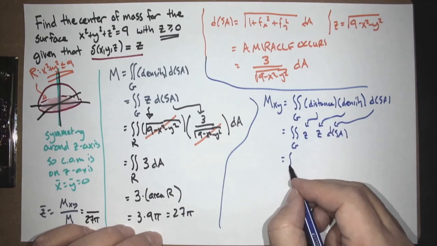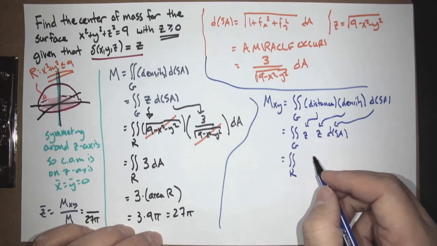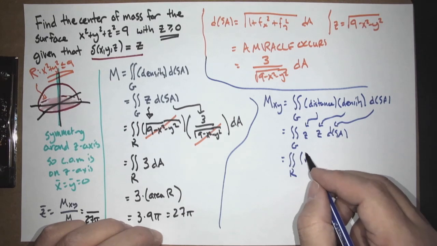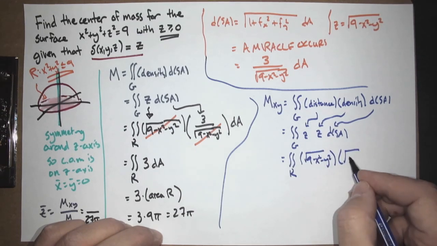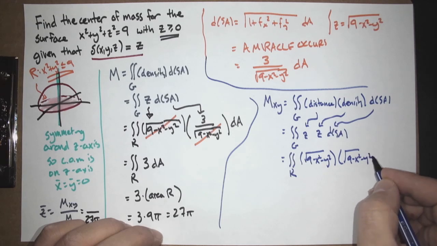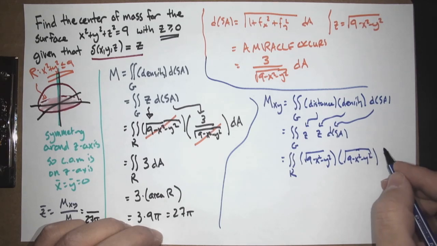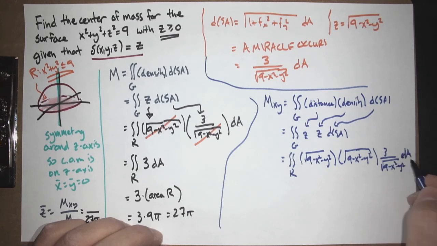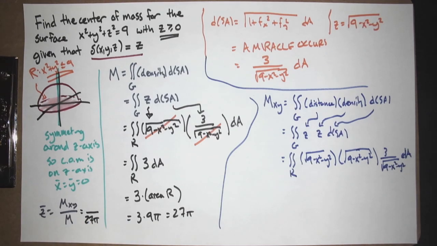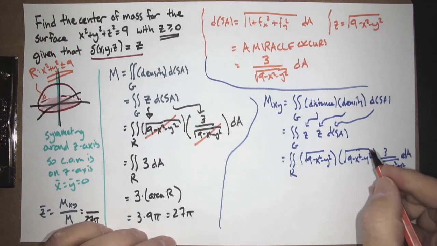So we say, okay, that's the integral over our region of the square root of 9 minus x squared minus y squared, times the square root of 9 minus x squared minus y squared, times 3 over the square root of 9 minus x squared minus y squared, dA. And good news, we get cancellation.